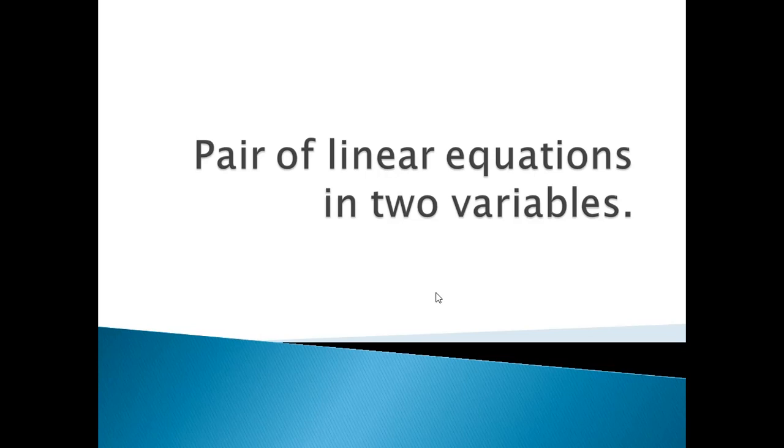That means there are two things which are taken. That is treated as two variables. That means we don't know what is the amount for one pen, or what is the amount for one book.